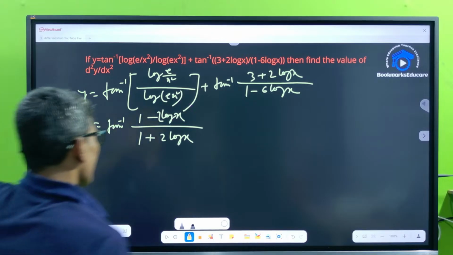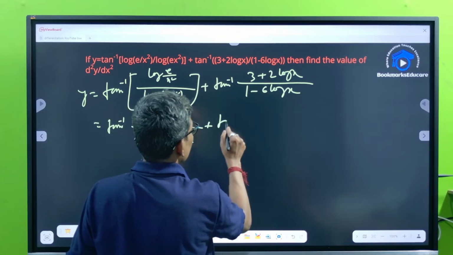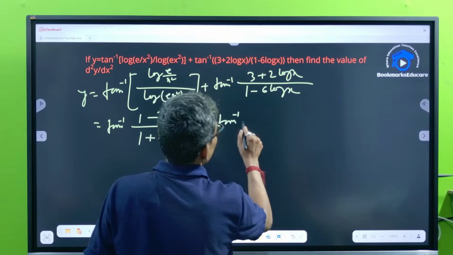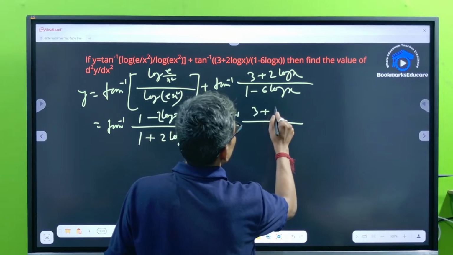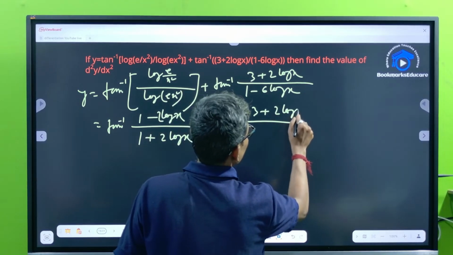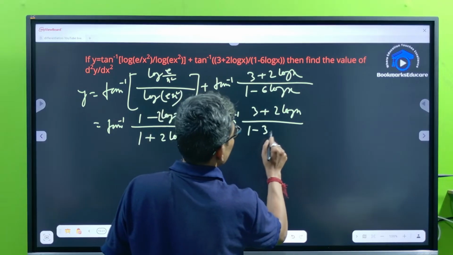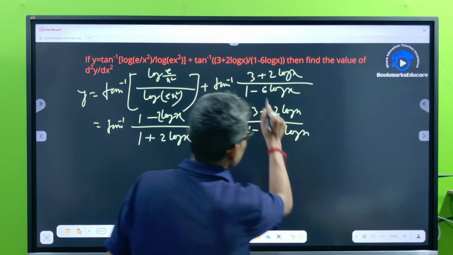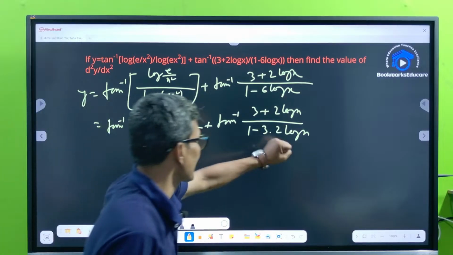Okay, plus tan inverse 3 plus 2 log x by 3 into 2 log x. 6 into log x को हम लोग ऐसे लिख सकते हैं.